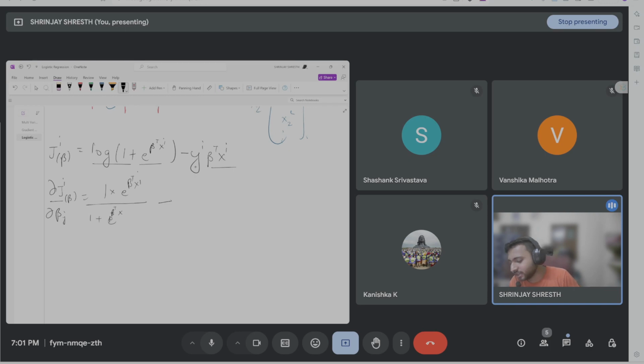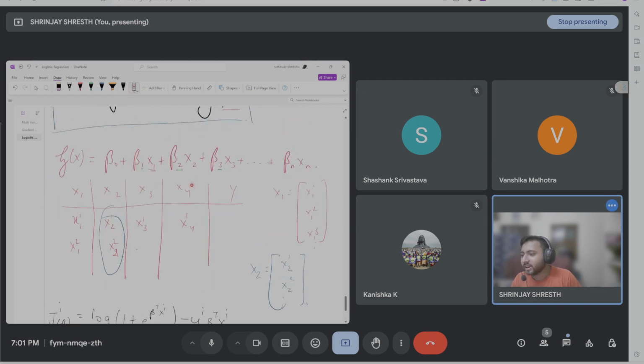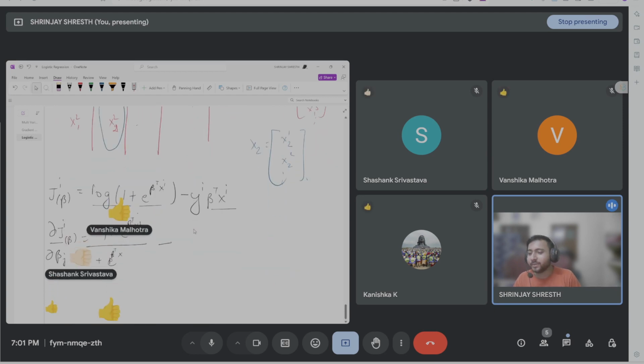If you would differentiate this thing with respect to some beta j, then the remaining terms are constant, so those become 0. Correct? Because see, what is this beta transpose? Your beta transpose is what?